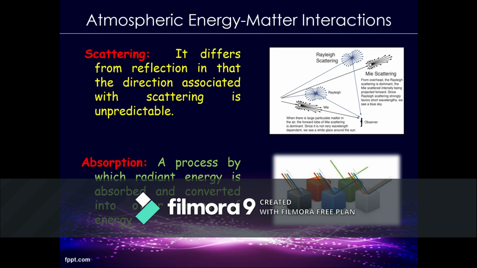Scattering differs from reflection in that the direction associated with scattering is unpredictable. But for reflection, the incident solar angle and the reflected angle are equal, so it can be predicted for reflection.